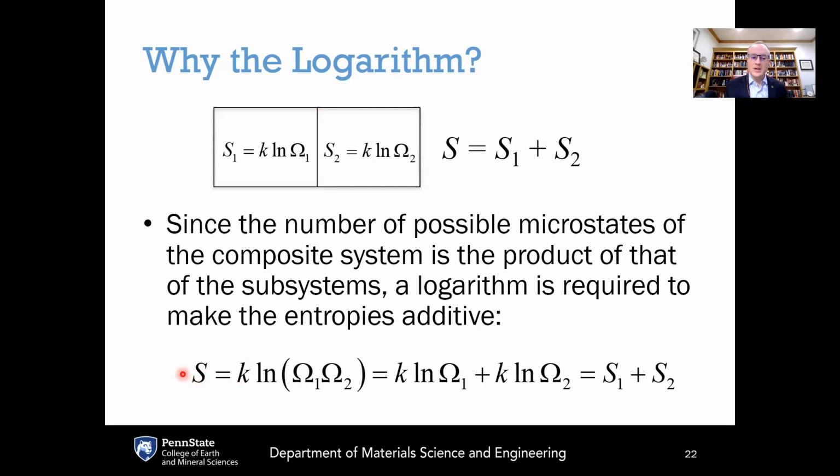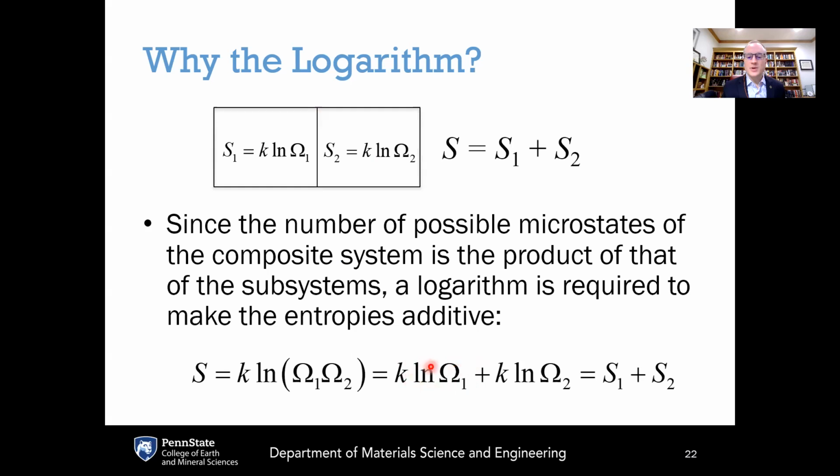So the entropy of the composite system, S, is equal to Boltzmann's constant times the logarithm of the product of omega-1 and omega-2. And the logarithm is here because the logarithm of the product is the sum of the logarithms of those individual factors. So this is equal to Boltzmann's constant times the log of omega-1 plus Boltzmann's constant times the log of omega-2.